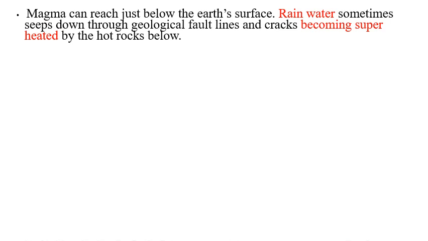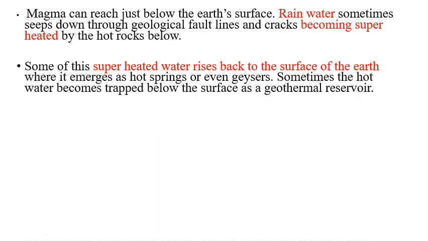Magma can reach just below the earth's surface. Rainwater sometimes seeps down through geological fault lines and cracks, becoming superheated by the hot rock below. Sometimes this superheated water rises back to the surface. We know that for superheated steam, the dryness fraction x is always 1, but for saturated steam we may have a range from 0 to 1.